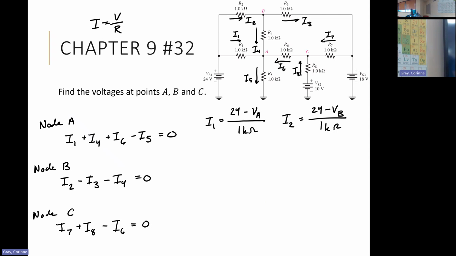So for I3, we would lose something before. We're at VB to start with. Okay, and then we need to find the new voltage at the other side. What would we need to consider and account for that way?